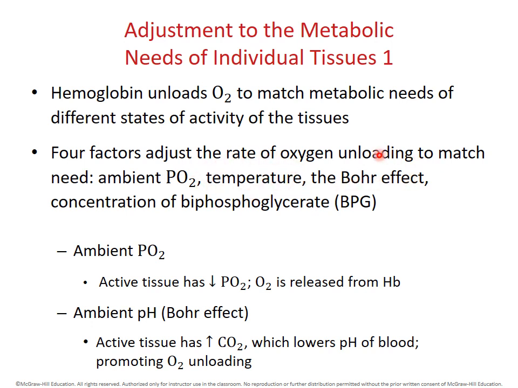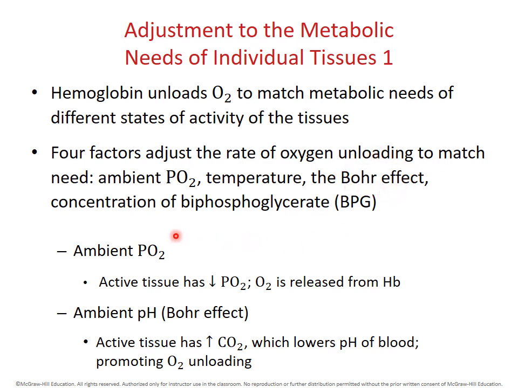Something called the Bohr Effect is in play. The Bohr Effect essentially describes the effect of carbon dioxide levels and pH. And remember, carbon dioxide levels and pH go together. The Bohr effect relates to the effect of pH and carbon dioxide on the affinity of hemoglobin for oxygen.